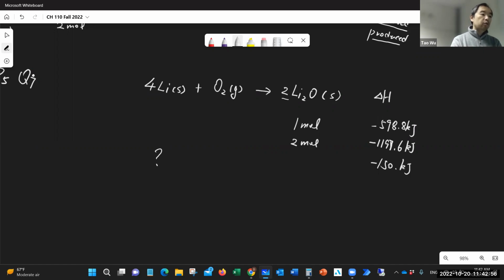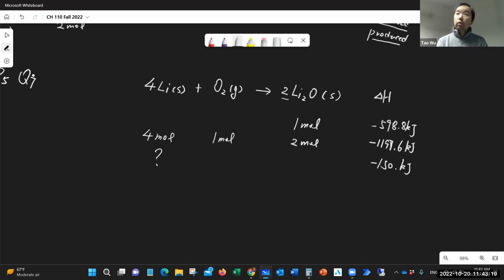If 2 moles of lithium oxide form this much heat, that means, based on stoichiometry, they are going to use 4 moles of lithium and 1 mole of oxygen to produce 2 moles of lithium oxide, and they also produce that much heat.